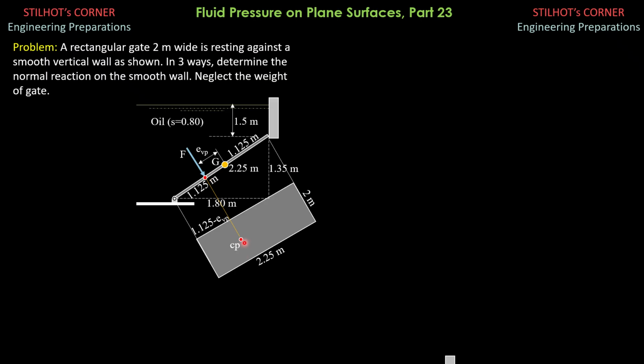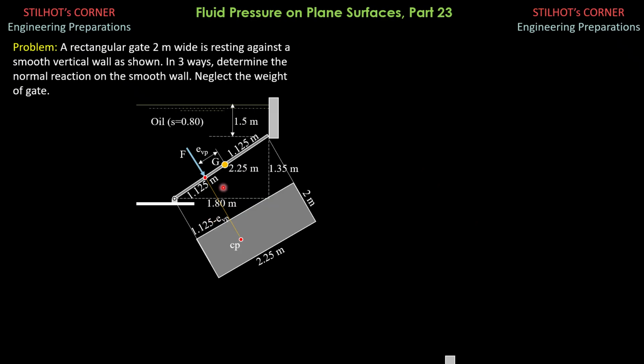Since this distance is 1.125, and the distance between the centroid of area and the center of pressure, where the resultant force F acts, along the plate is denoted by e sub VP, the moment arm of F from the lower pin is 1.125 minus e sub VP.